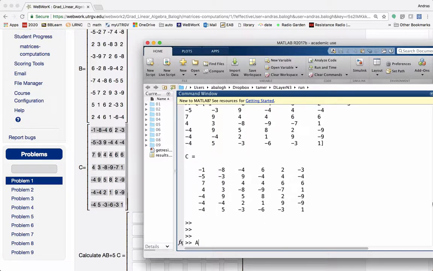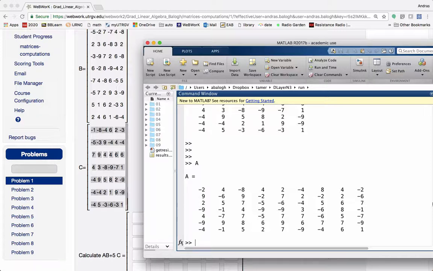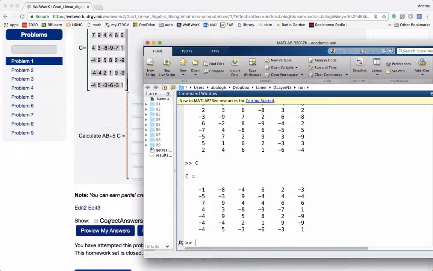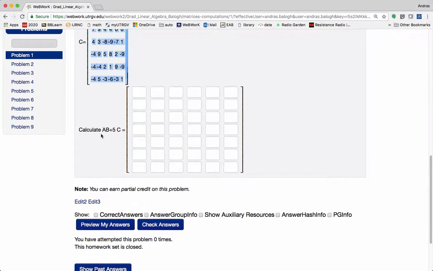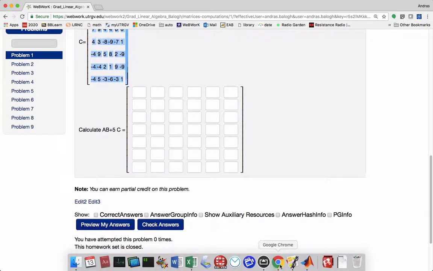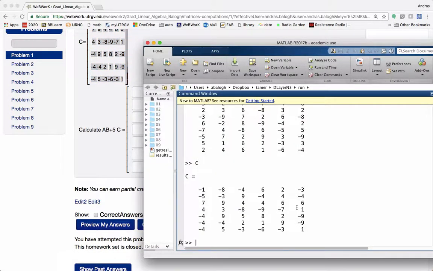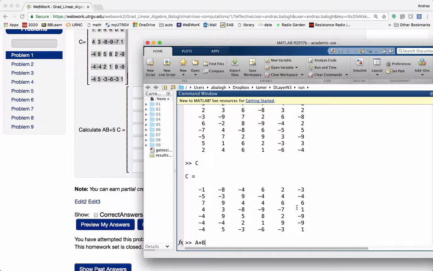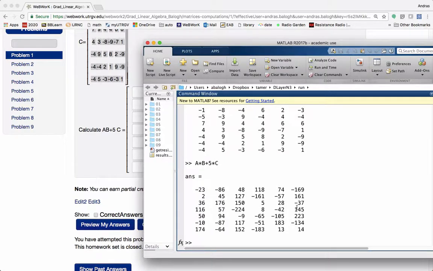So if you want to check what A is, you can just type A, enter, B, enter, C, enter. And then you're supposed to calculate A times B plus 5C. So that goes simply by typing out the multiplication sign, the star: A times B plus 5 times C. And that should give you a matrix.